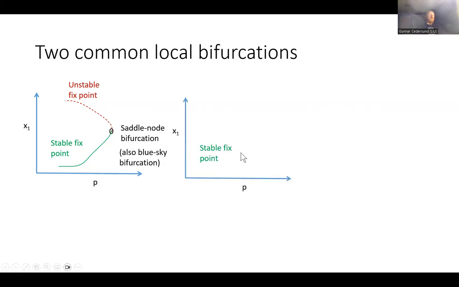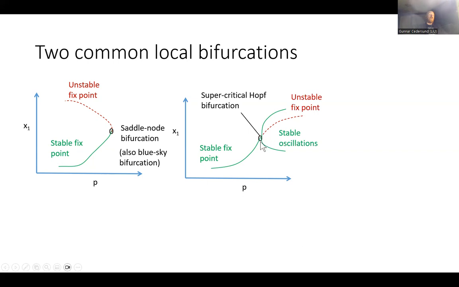Another common one is if we have a stable fixed point that we are continuing up as before here, and then it becomes unstable. So it turns into this red one. But at the same time, stable oscillations appear around this.